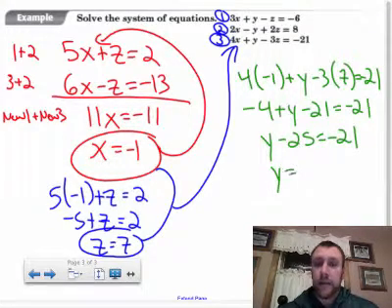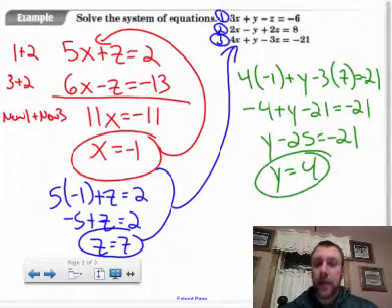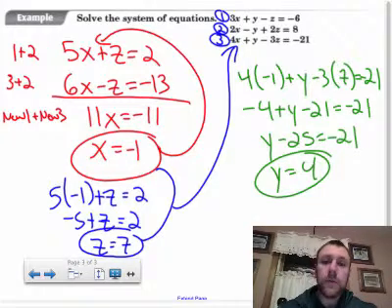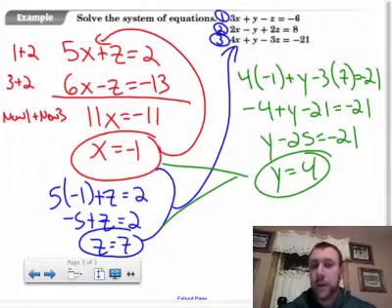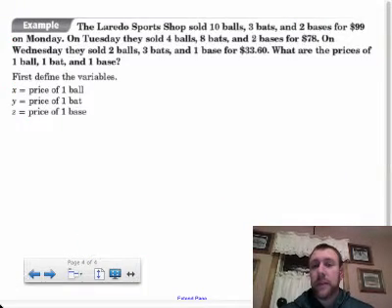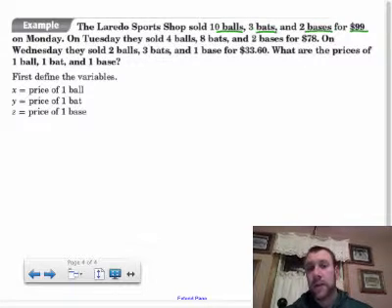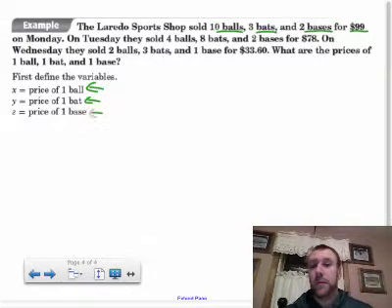The next step is application problems. So these are, again, 3 variables. In this case, balls, bats, and bases. So I'm going to say x is a ball, y is a bat, z is a base. I'm just going to create equations based on that. So 10x plus 3y plus 2z equals 99.